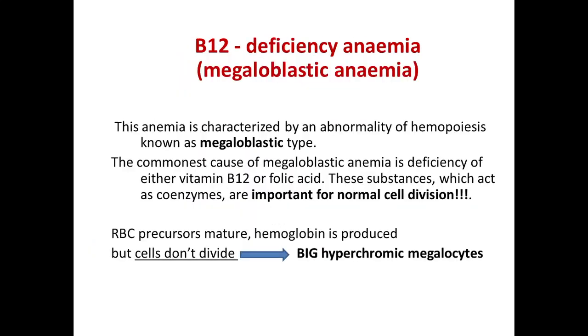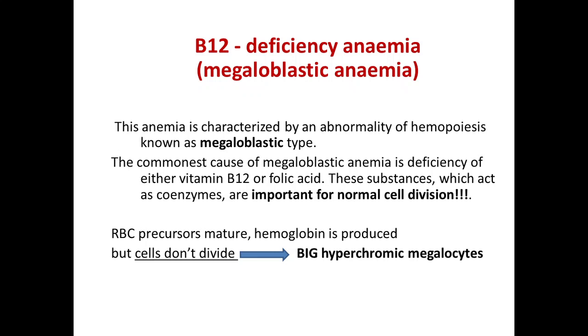B12 deficiency anemia. The synonym is megaloblastic anemia. This anemia is characterized by an abnormality of hematopoiesis known as megaloblastic type of hematopoiesis. The commonest cause of megaloblastic anemia is deficiency of either vitamin B12 or folic acid.